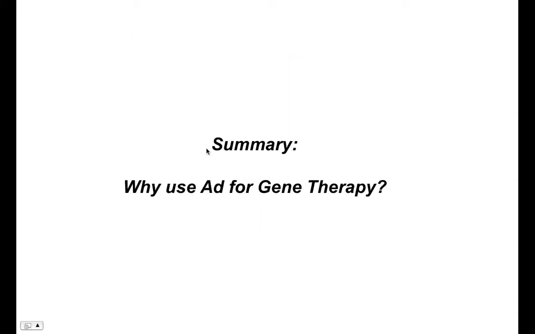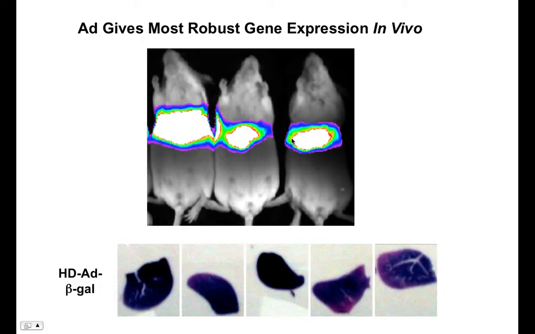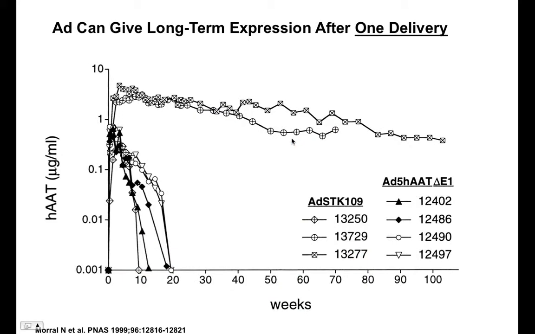So, why would you use adenovirus? Because it gives very robust expression, it's very high titers, it's episomal as opposed to actually integrating into the genome. The only downside is it gets cleared by the liver, and if you have enough viremia, that's the amount of virus in the blood, you can kill an animal, and I'm counting humans as animals in that.